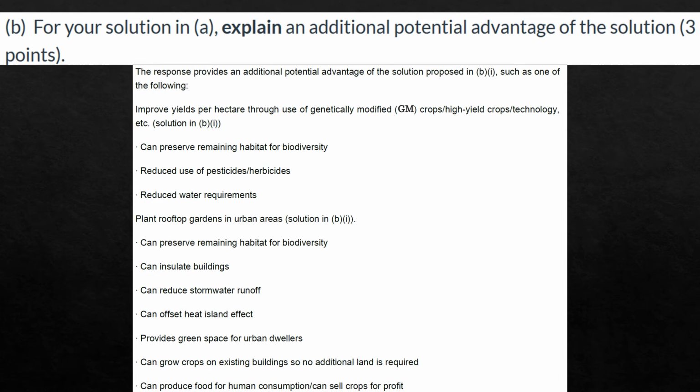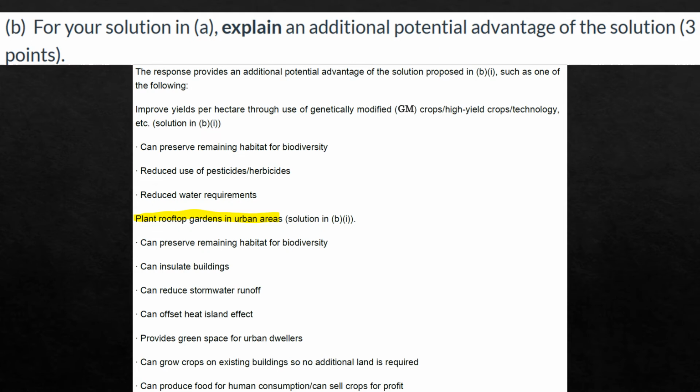So part B links to part A, and we're going to be looking at the possible solutions to part B, additional benefits for the solution. And again, we are going to concentrate on this area here.